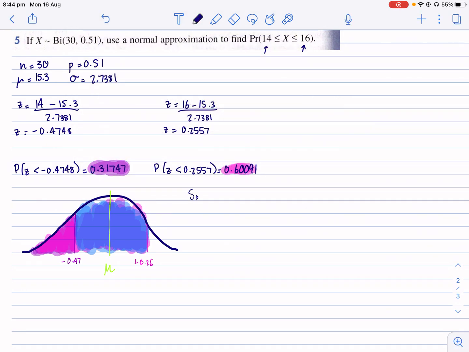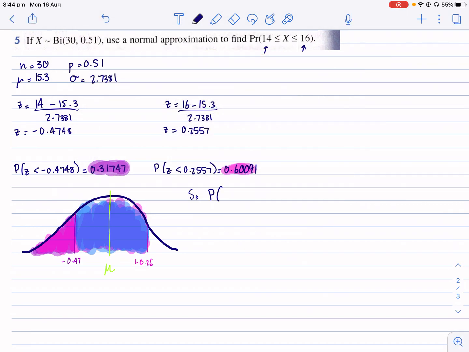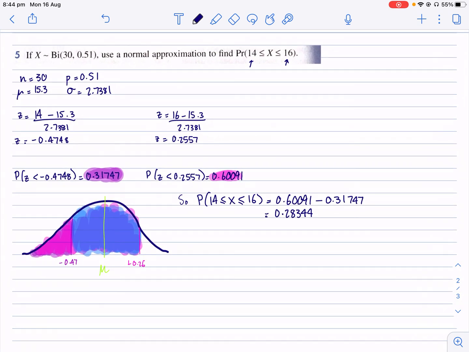So the probability of being in between, and I'm just going to write it with the z-scores because all those decimals just take extra time, is 0.60091 minus 0.31747, which gives me 0.28344. So that's the probability of being between 14 and 16.